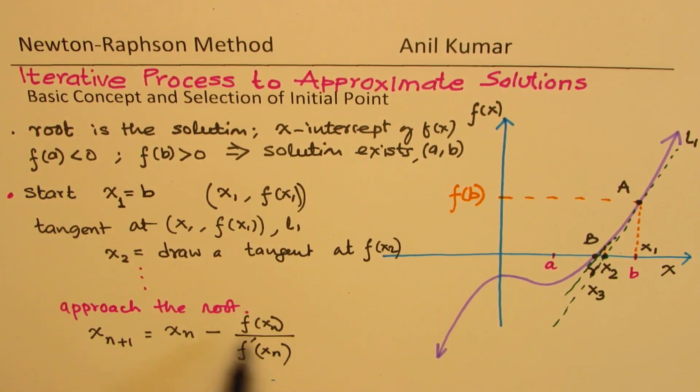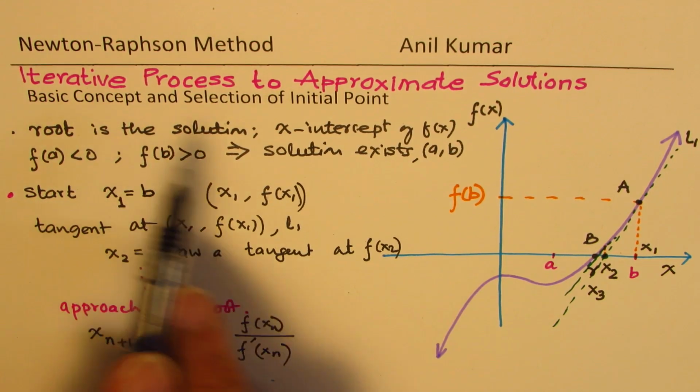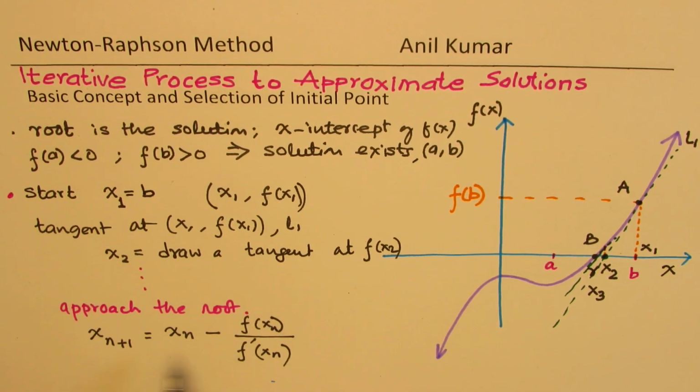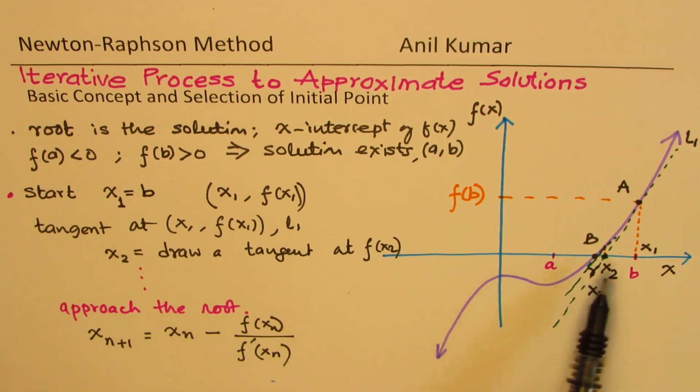So that formula is called Newton's formula to find iteratively points which are closer and closer to the root of the function. Is that clear to you?